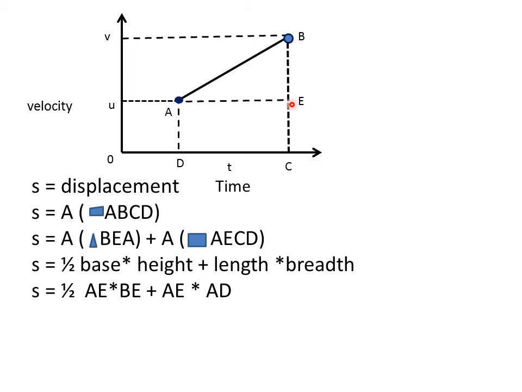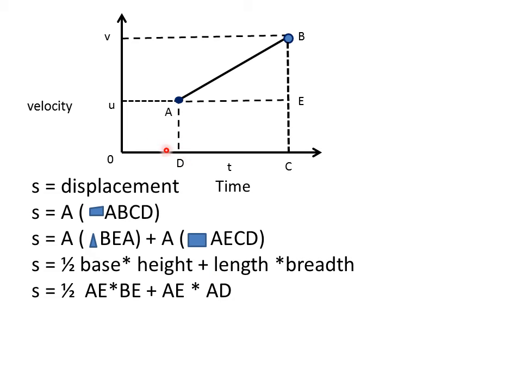What was that? at. So instead of writing v minus u, we will write at. Then AE is nothing but DC, and that is nothing but t. Where is AD now?